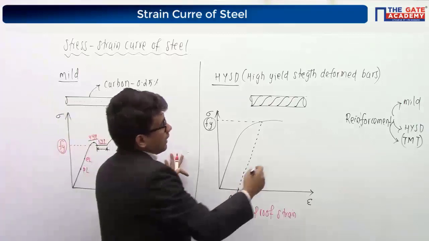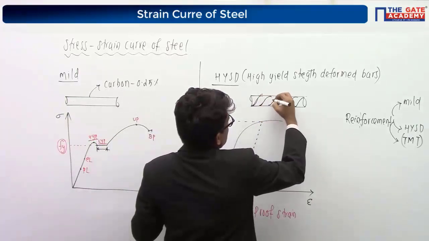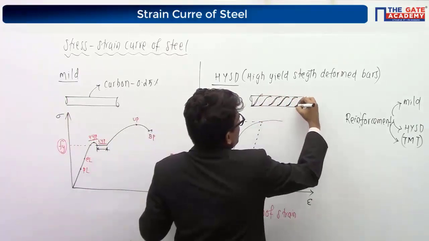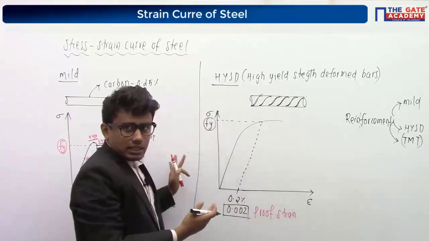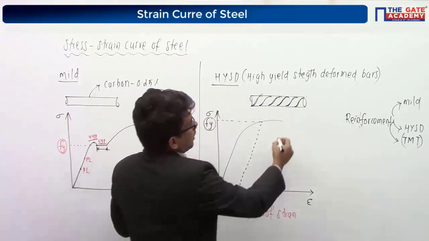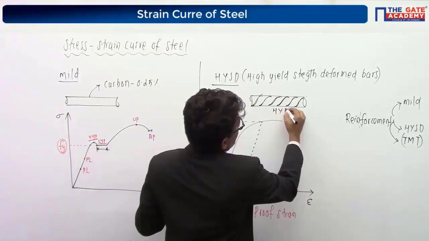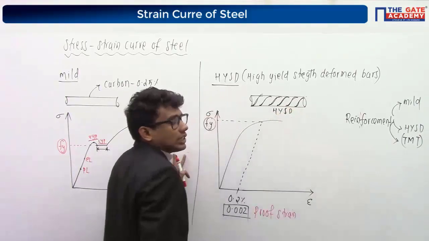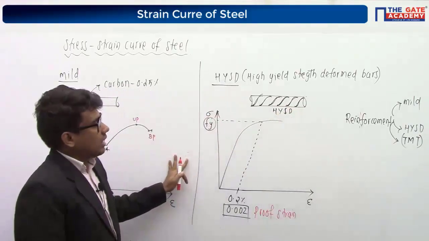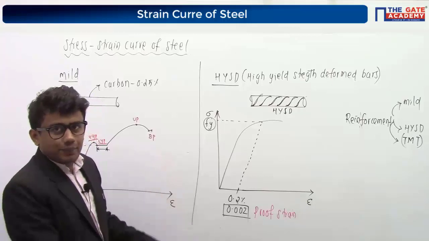You might have seen this in reality. So this is called our HYSD steel bar. Compared to mild steel bar, it has high strength and less ductility.